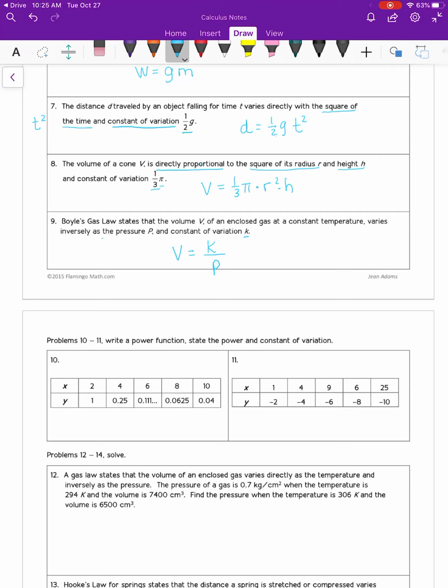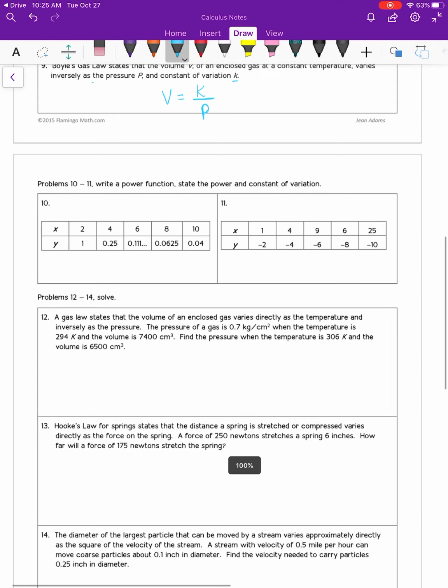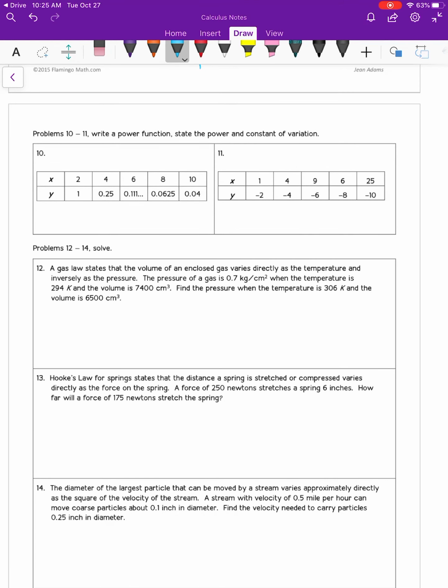Oh, no, it says the constant of variation is k. So I'm able to put that constant of variation up in the numerator. That always stays in the numerator. And when it's varying inversely, what V varies inversely with goes in the denominator. So volume varies inversely as pressure. That gives me V equals k divided by P. Now we can move to problem number 10.